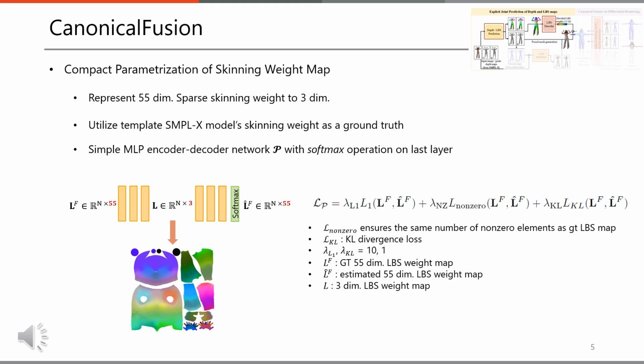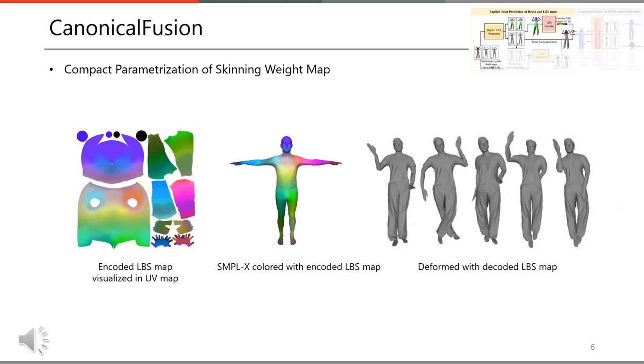The UV map is the result of compact parametrization of LBS map after the MLP encoder, which is visualized on the SMPLX UV map. This is the result of encoded LBS map visualized on UV map and SMPLX mesh. The right one is the deformed mesh using decoded LBS. We can see that the MLP network works well since there is no artifact on the deformed mesh.